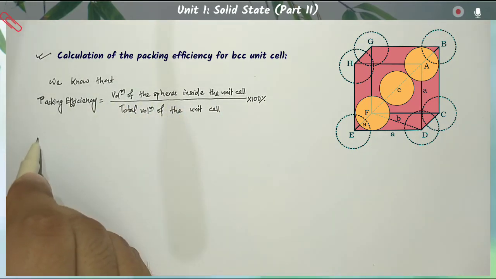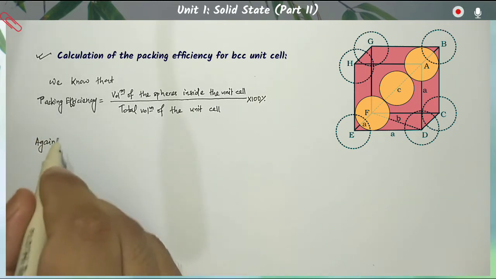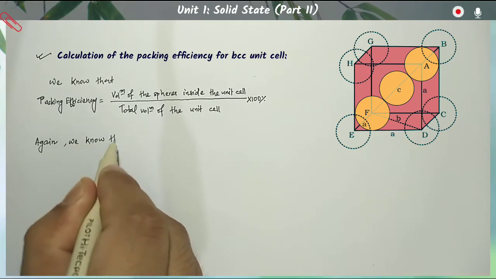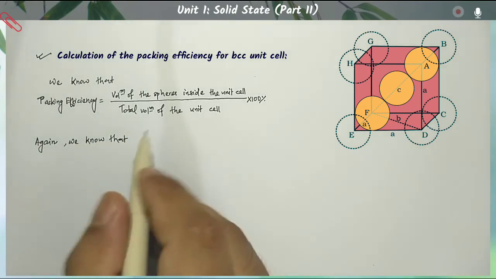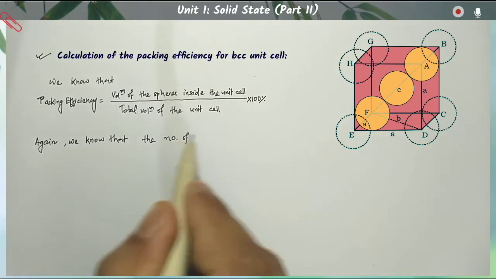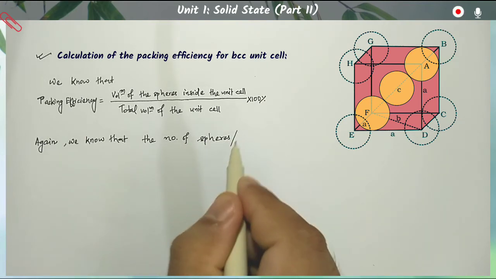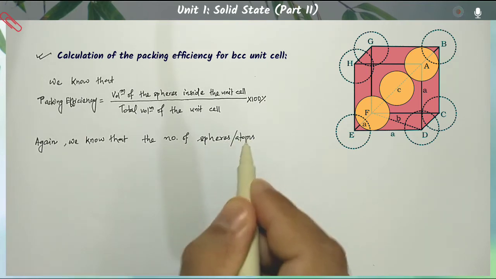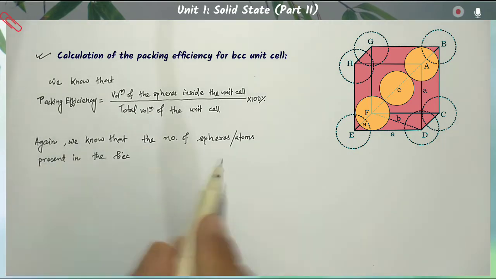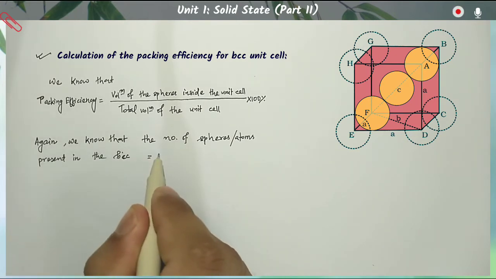We know that the number of spheres, or you can say atoms, present in the BCC lattice is equal to 2.